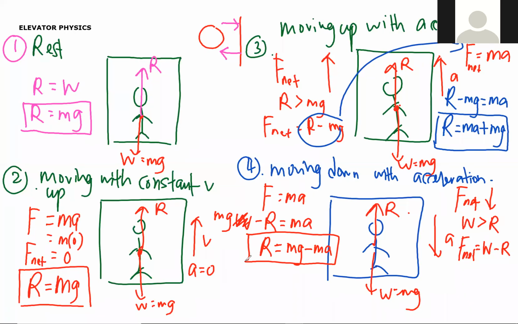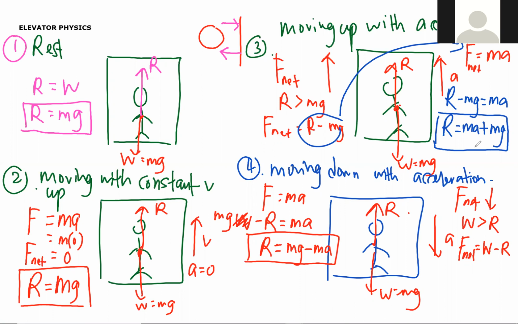Now notice that for a lift that accelerates upward, case number three, R equals to ma plus mg. Mg is my weight, right? So my weight plus ma, meaning that R is bigger than your actual weight.